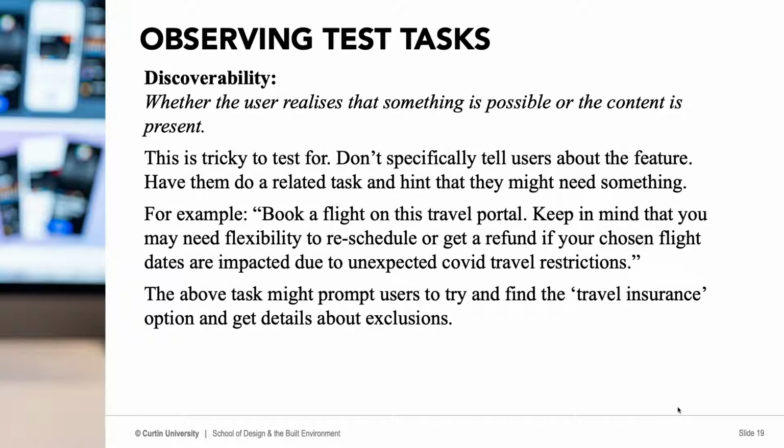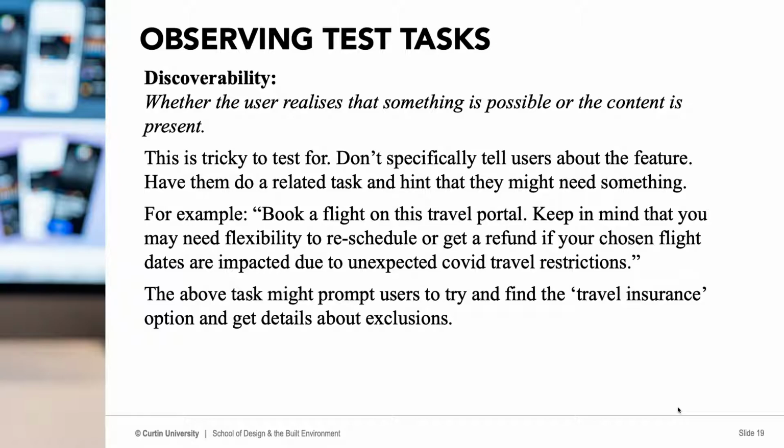So for example, if you are working for a travel website and doing some UX research, you might set the task: book a flight on this travel portal. But keep in mind that when you do your booking, you might need the flexibility to reschedule or to get a refund if your chosen flight dates are impacted because of unexpected COVID travel restrictions, for example. That task might prompt people to think about travel insurance, but you haven't said the words travel insurance.